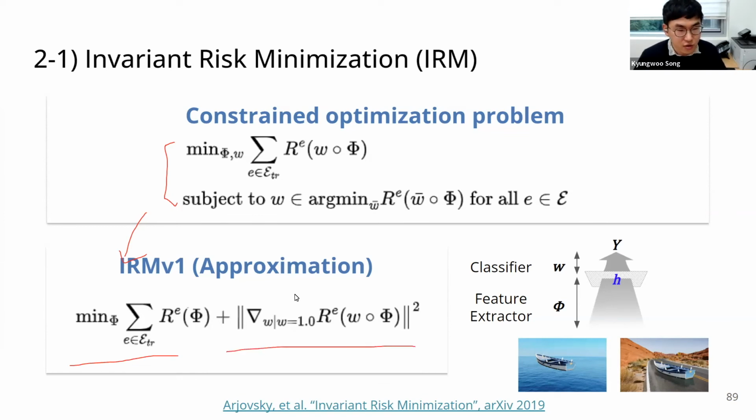Minimizing the gradient of the loss with respect to the classifier indicates the minimization of the classifier sensitivity across the environments. It induced the same optimal classifier across the environments.